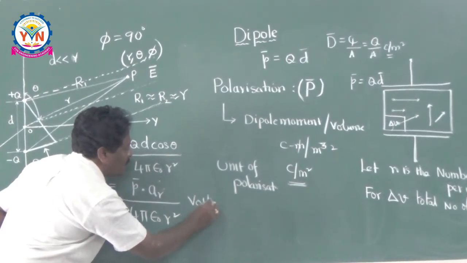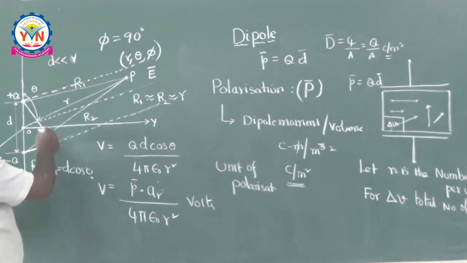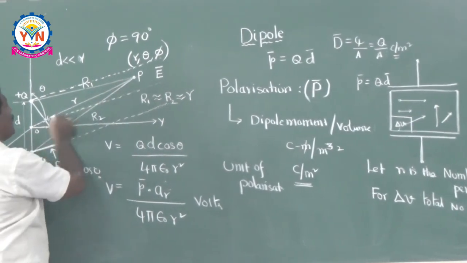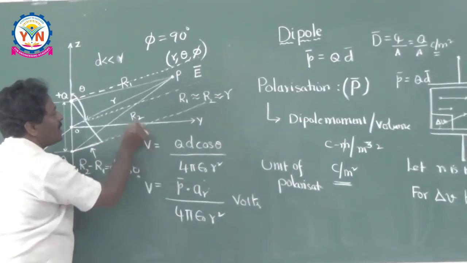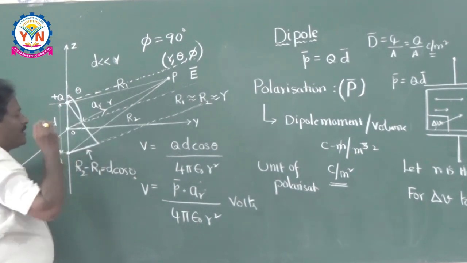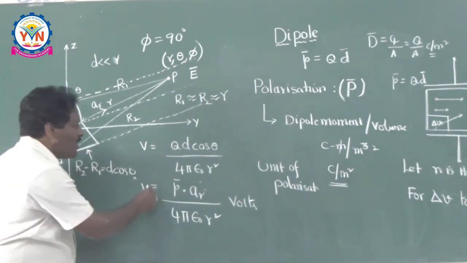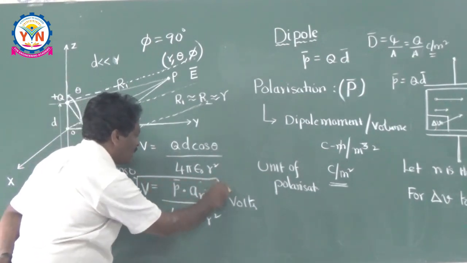Always you have to write down the units in electromagnetics. This is R, which is making an angle theta. What is this AR? AR means radial unit vector. So this is the way of writing the potential in terms of dipole moment.